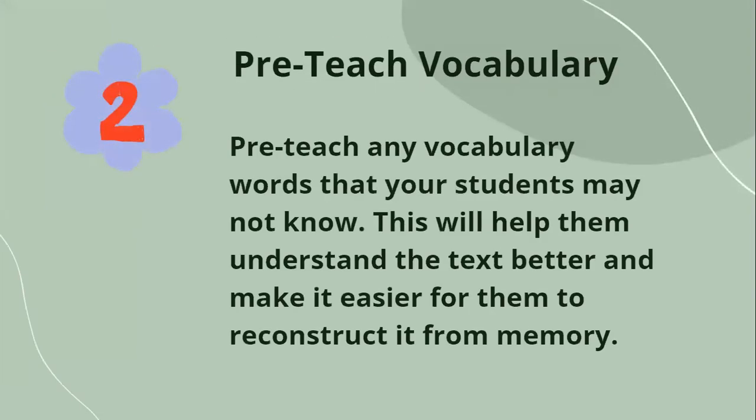Next is, if you want them to learn certain vocabulary, just make sure that you teach them that vocabulary beforehand, so that if you want them to use that vocabulary to create a paragraph or two, they should know that the words that they're using are correct and relevant. And it will also help them to understand what they are working on. In other words, it will also help them in reconstructing it from memory.